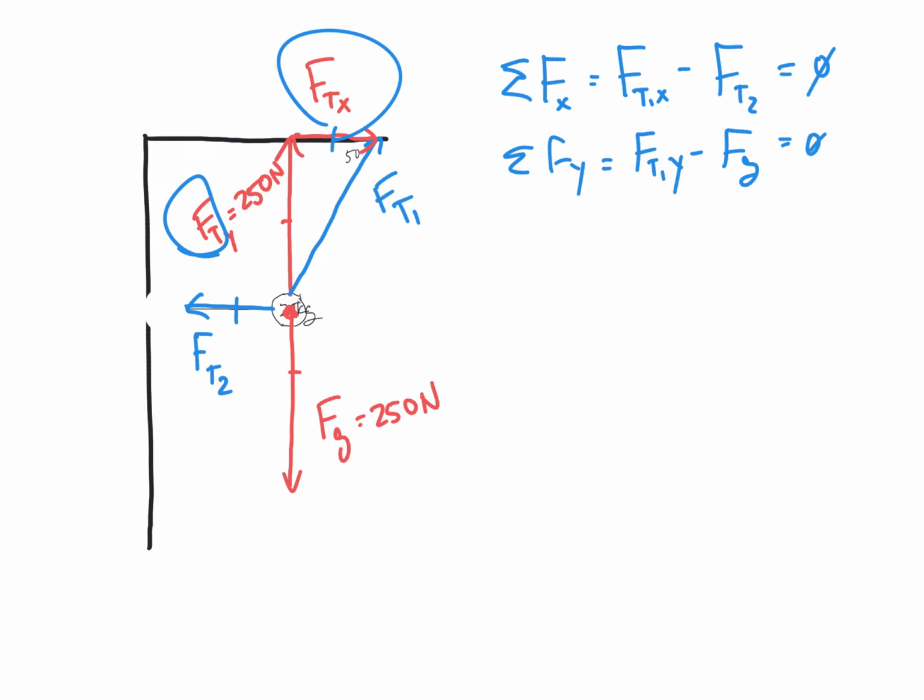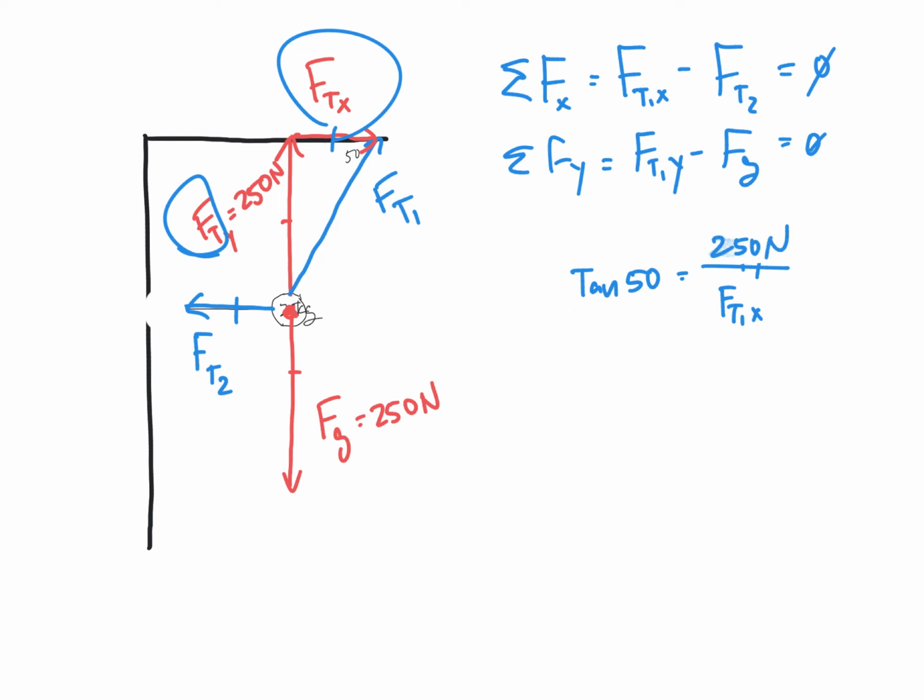We know that tangent of the 50-degree angle is equal to FT1y, that's opposite, divided by FT1x. And we know that FT1y is actually 250.